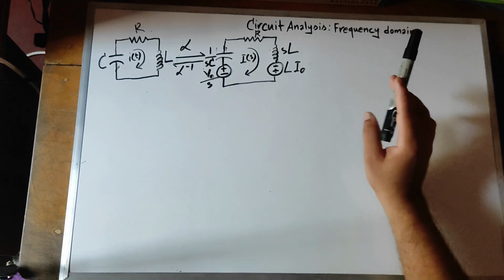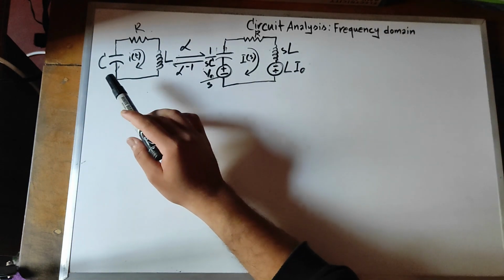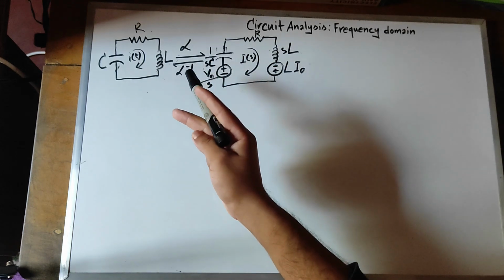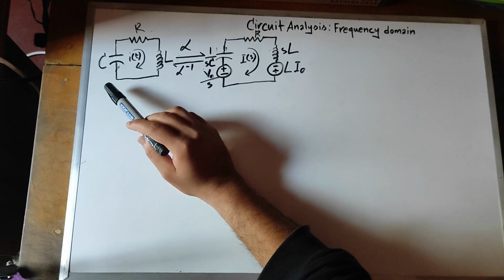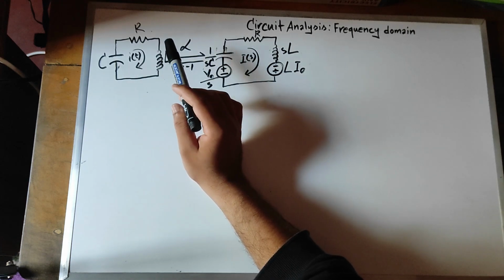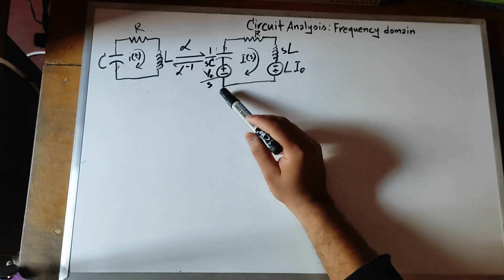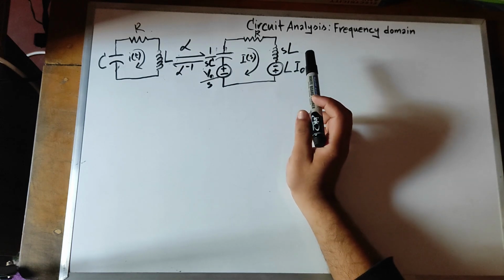Because L and C are two dynamic elements in this system, we have assumed that the capacitor and inductor have initial voltage and current respectively.